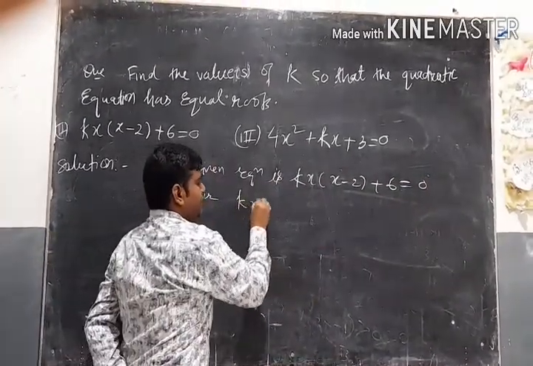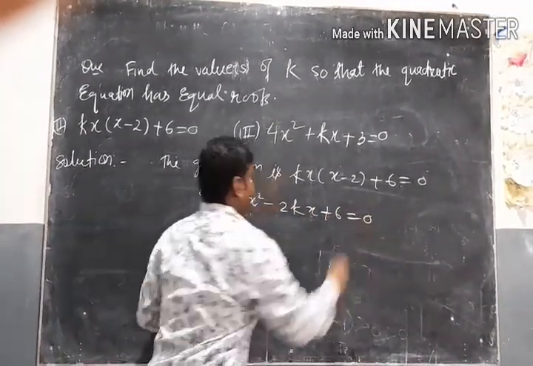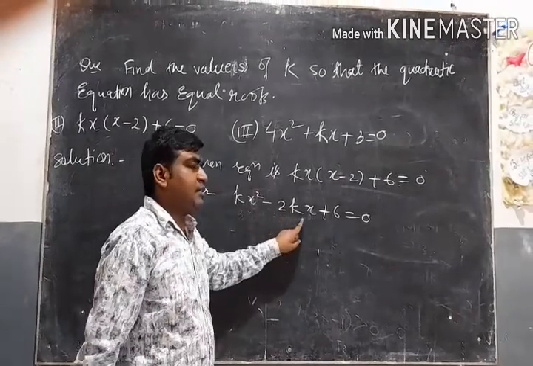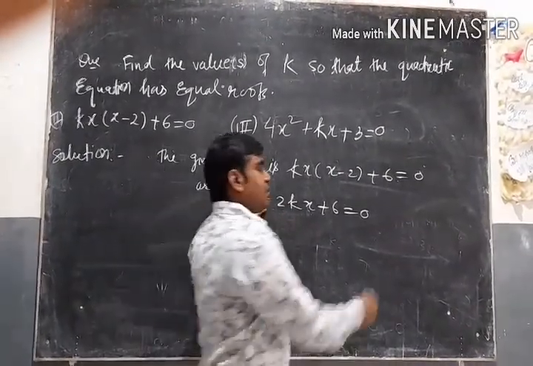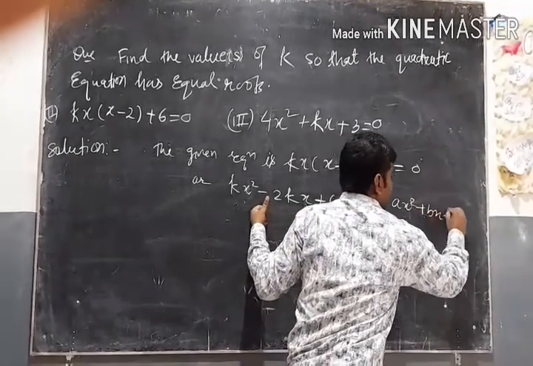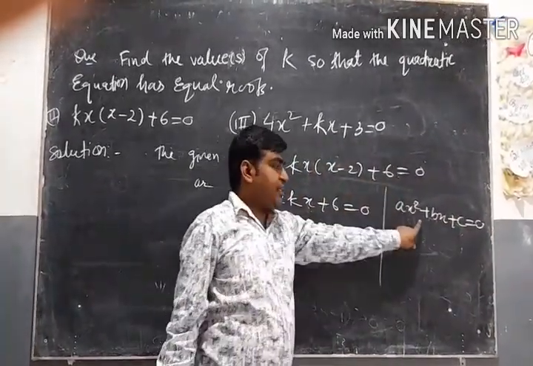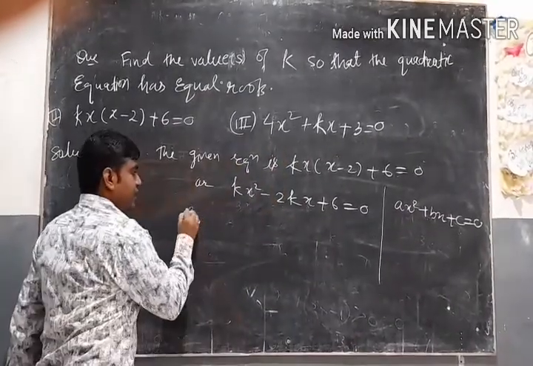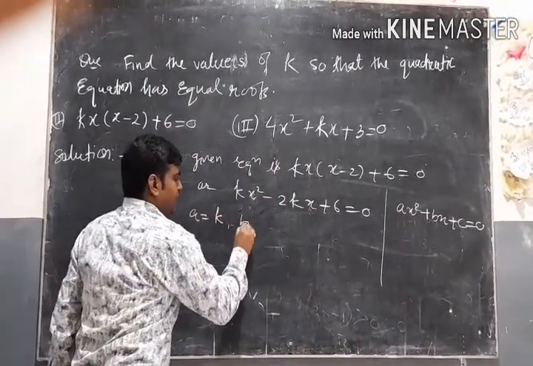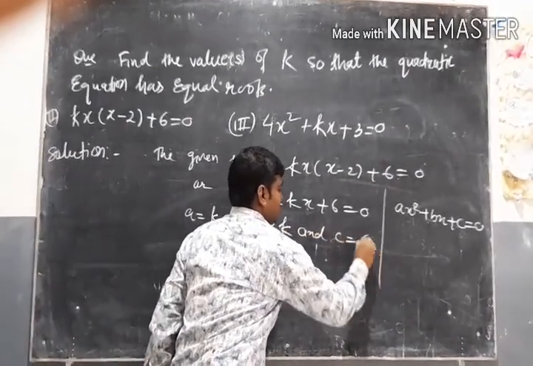Then we have kx square minus 2kx plus x equal to 0. Here we see that this is the quadratic equation, and the standard form of the quadratic equation is ax square plus bx plus c equal to 0. So I am comparing this equation with the standard form. We have a equal to k, b equal to minus 2k, and constant term c equal to 1.